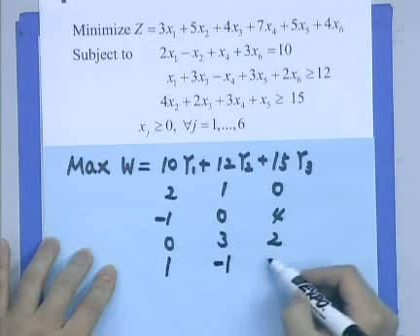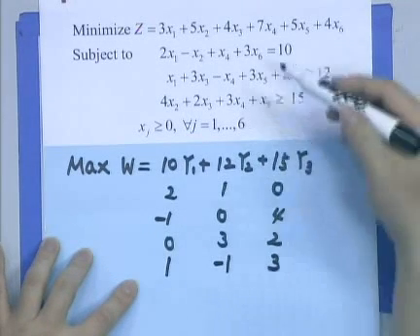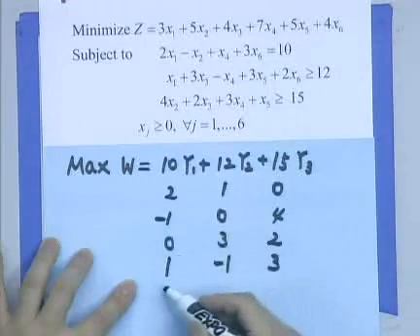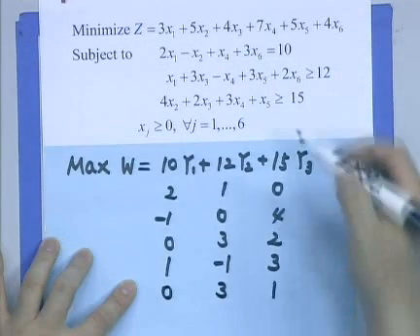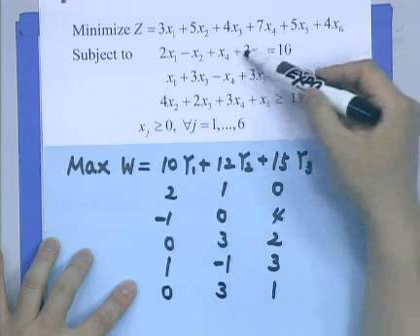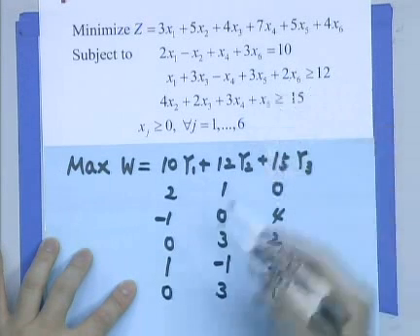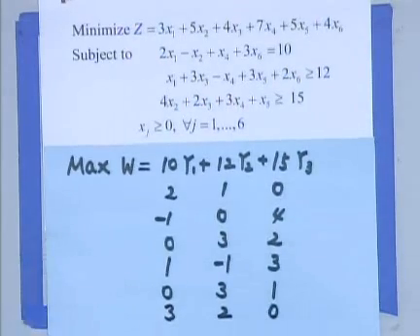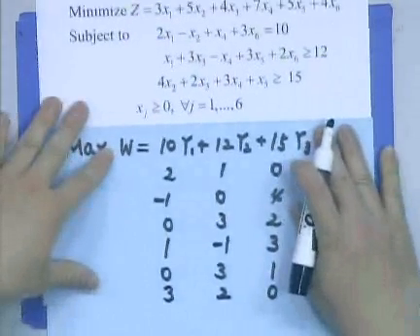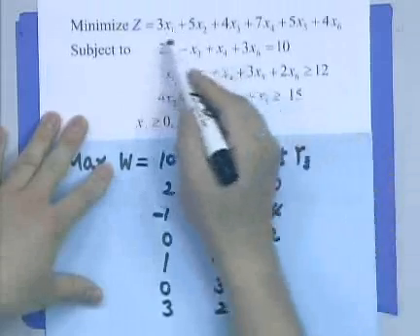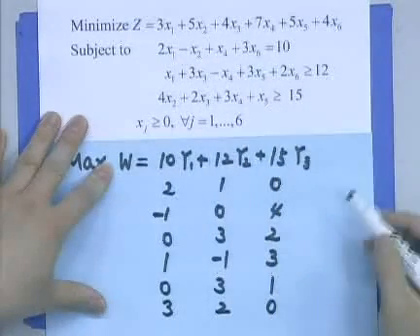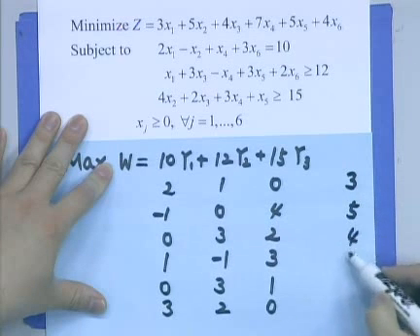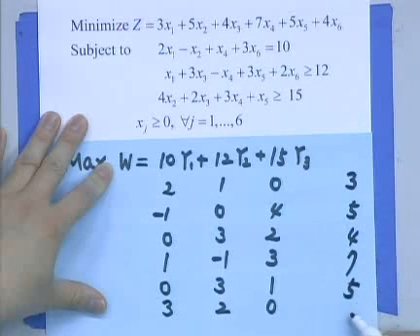And the x5 column is 0, 3, 1, right? The x6 column is 3, 2, 0, right? And the right-hand side values become 3, 5, 4, 7, 5, 4, right?